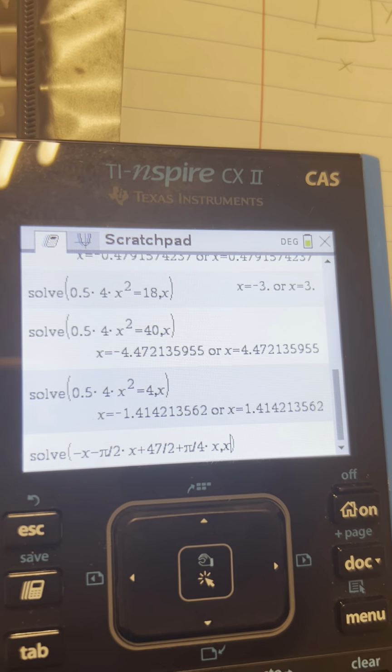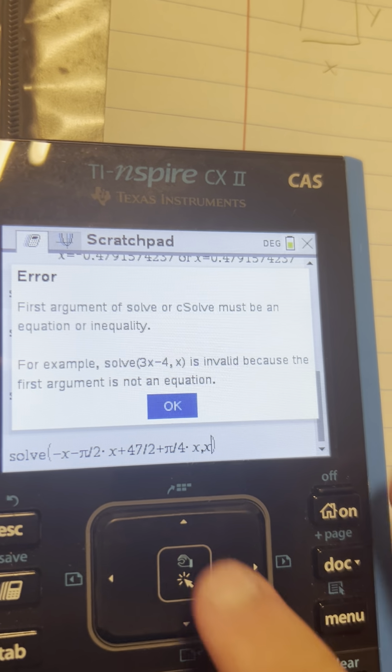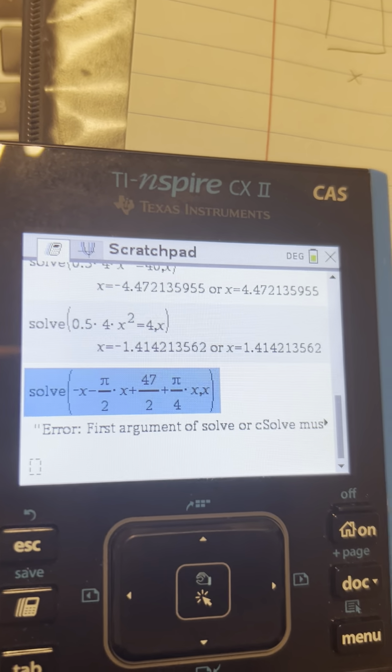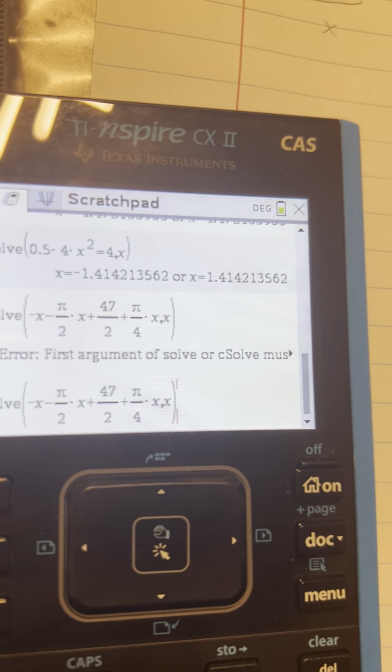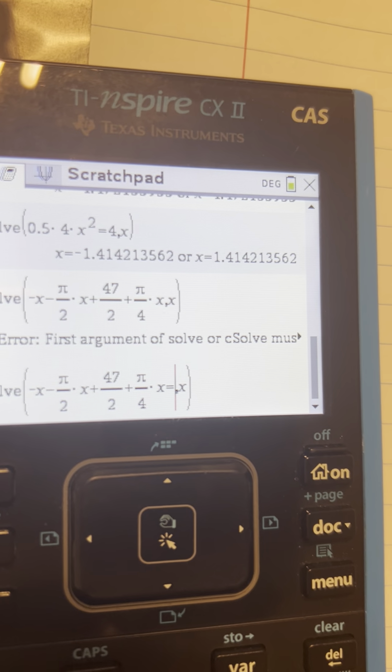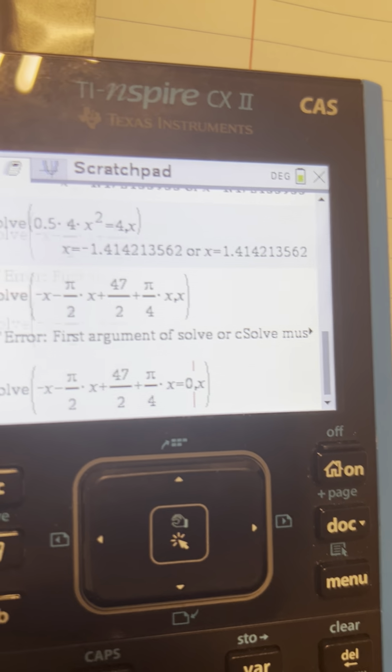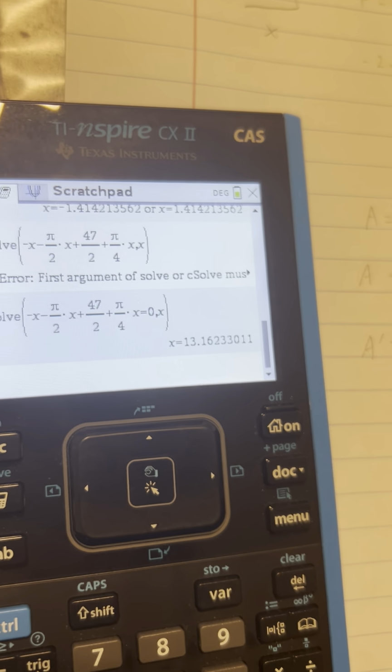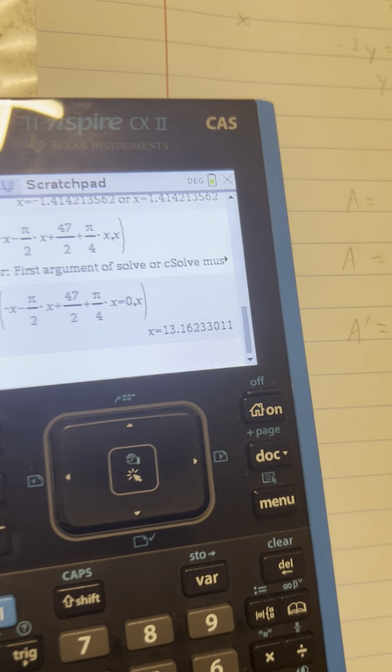Solve for x. Okay, hold on. Let's see what I'm missing here. Oh, that needs to be equal to 0. Let's see what we get. So x is equal to 13.16.